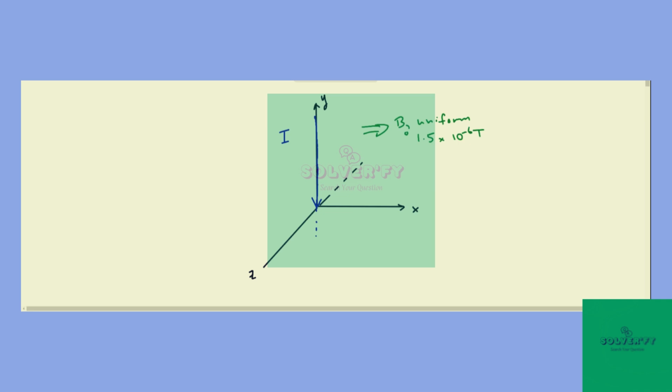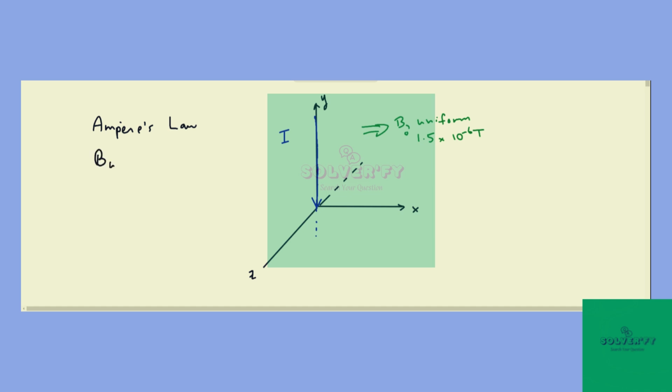Here we're going to be finding the total magnetic field due to two sources, one of which is a wire, so we'll need Ampere's law, which you may use to find the magnetic field due to a wire.